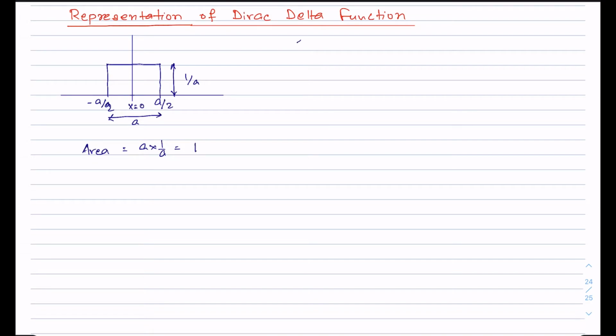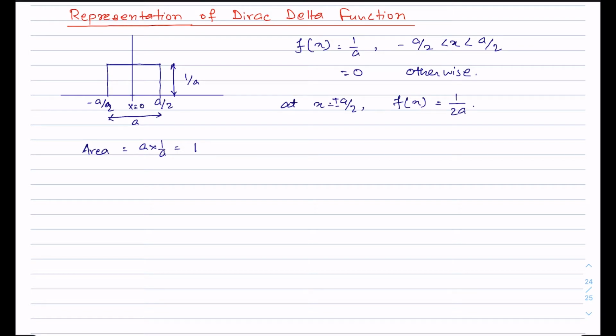So in our case, f(x) is 1 over a in the range minus a by 2 to plus a by 2, and 0 otherwise. And also at x equals plus or minus a by 2, f(x) has the value 1 over 2a, that is the average value.